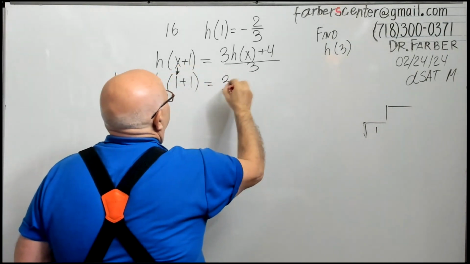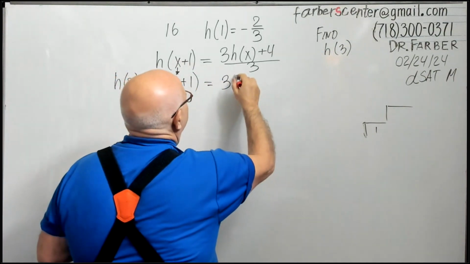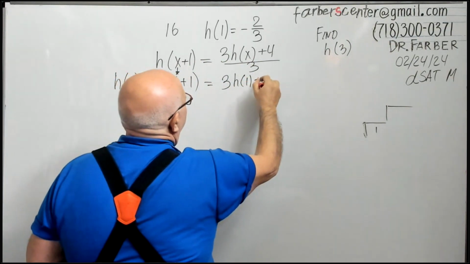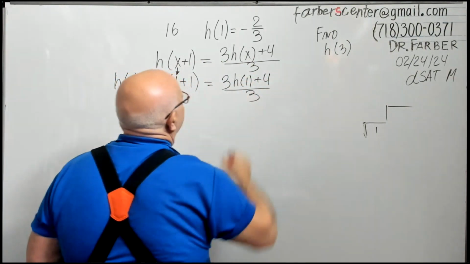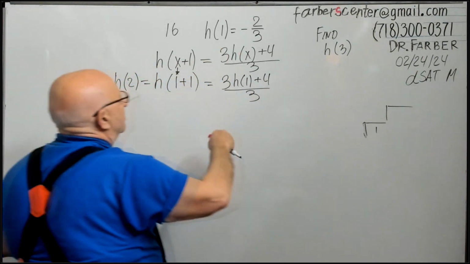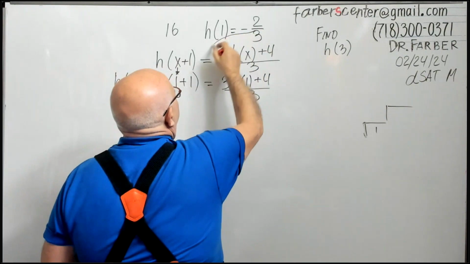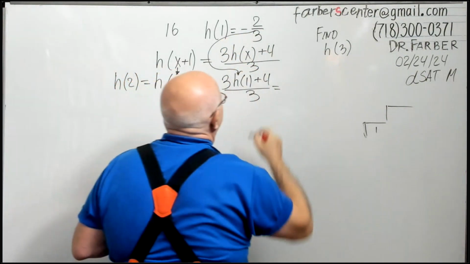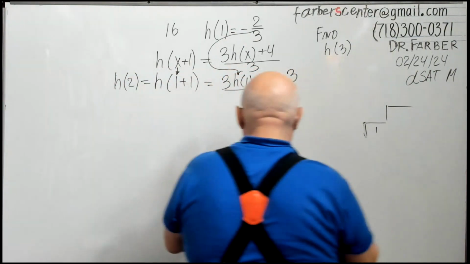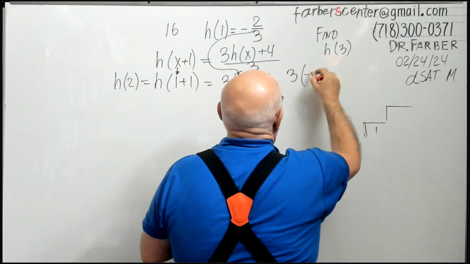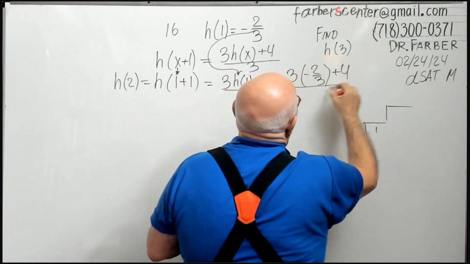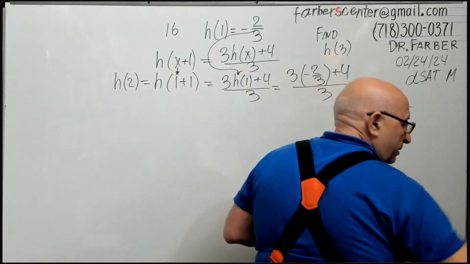It's equal to 3h of 1 plus 4/3. But h of 1 I already know, so I plug it in: 3 times negative 2 over 3 plus 4 over 3.